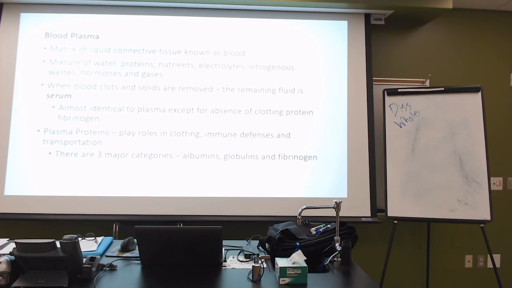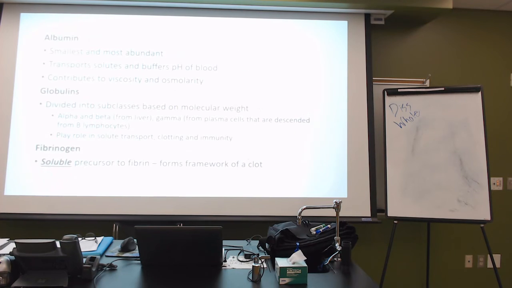There are three categories of these proteins. Albumins, they're usually in the highest number. Globulins, and then fibrinogen. If you remember, one of them that I mentioned for the endocrine system, for the transport, was called the globulins, globes. Okay?